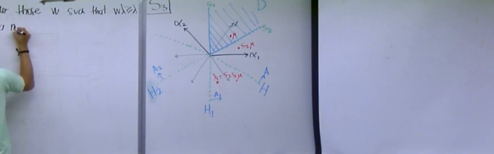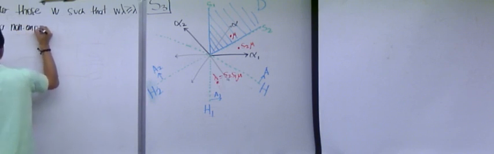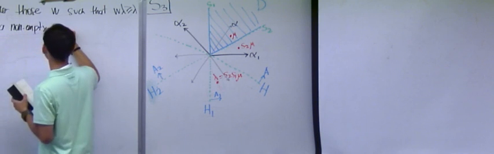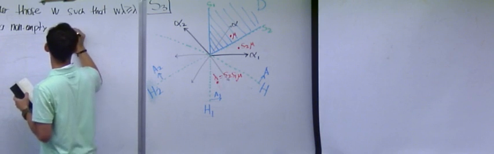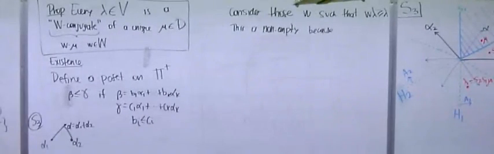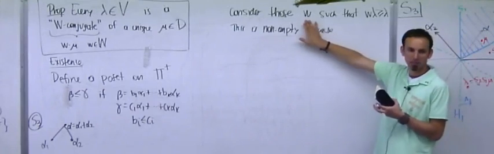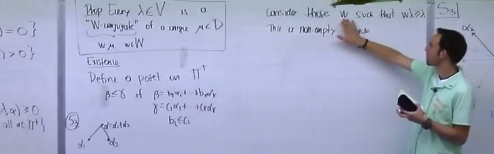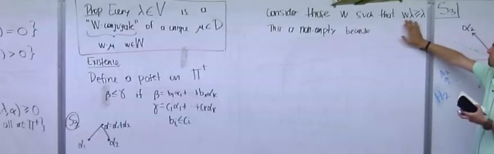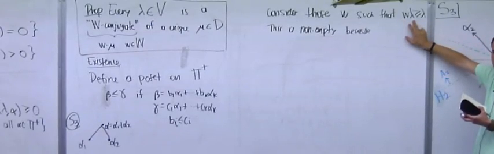Well, the answer is that this is not empty. And there's a kind of a silly reason, which is that W is allowed to be anything. And so in particular, W could be the identity. Okay. And if W is the identity, then the identity times lambda is just lambda, and so this is trivially true.